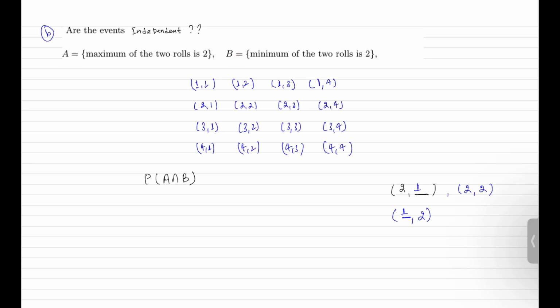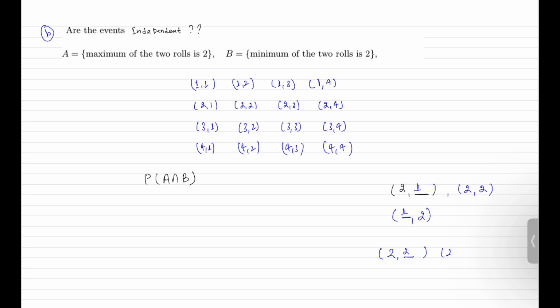Now let's look at event B. Event B is the minimum of the two rolls is 2. So if the minimum is 2, then whatever elements we have will be either 2 or greater than 2.